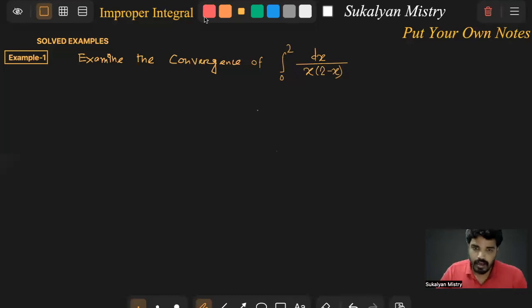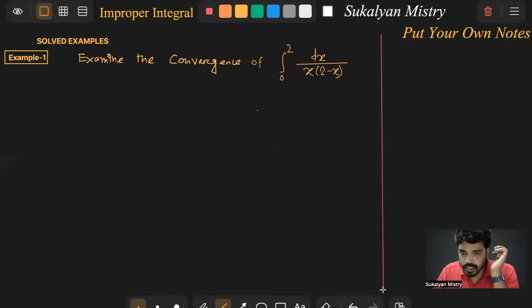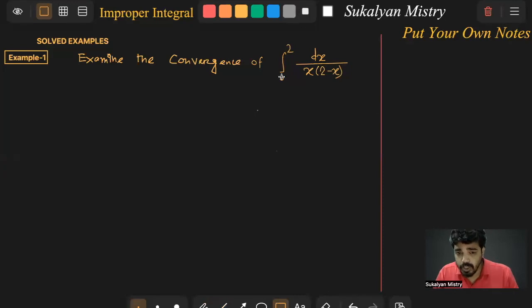Okay. First of all, this improper integral is of the second kind. Why? Because the range of integration is finite. If the range of integration is infinite, then it is an improper integral of the first kind. So this is the improper integral of second kind, because the range of integration is finite.